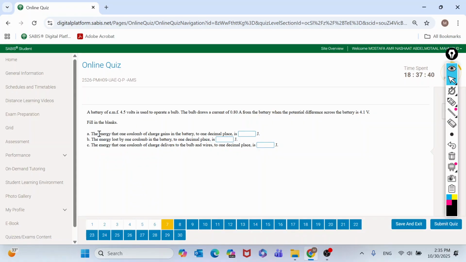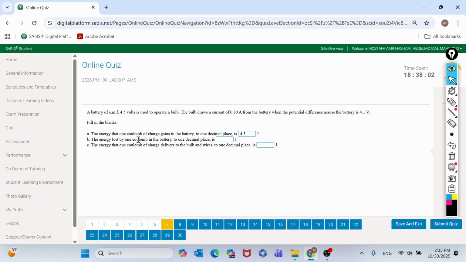Okay. The energy that 1 coulomb of charge gains in the battery, to 1 decimal place. The energy that 1 coulomb gains is just how much energy the battery produces. So it's 4.5.